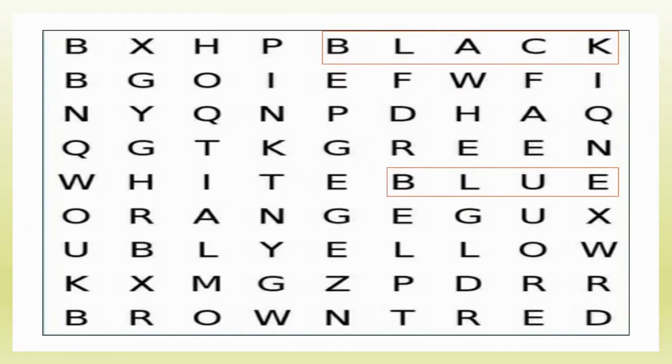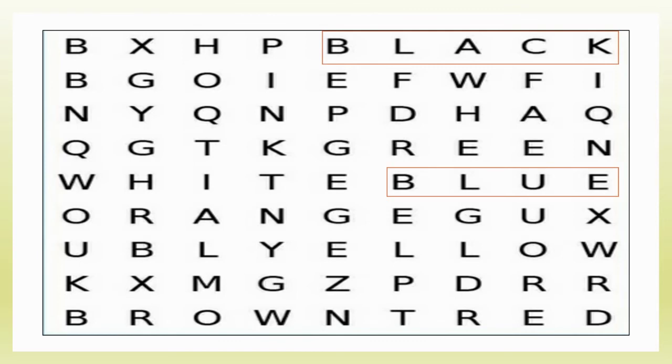Here is the puzzle. Now you have to find out the names of colors from this puzzle. I have found 2 names for you. First is black. In the upper line at the top you can see BLACK, black.